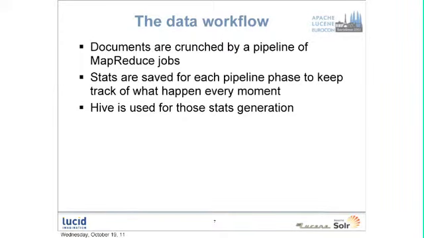So the data flow. Basically, our documents are crunched by a pipeline of MapReduce jobs. Since the crawlers collect them from the network, till the documents are indexed, everything is done with MapReduce jobs.